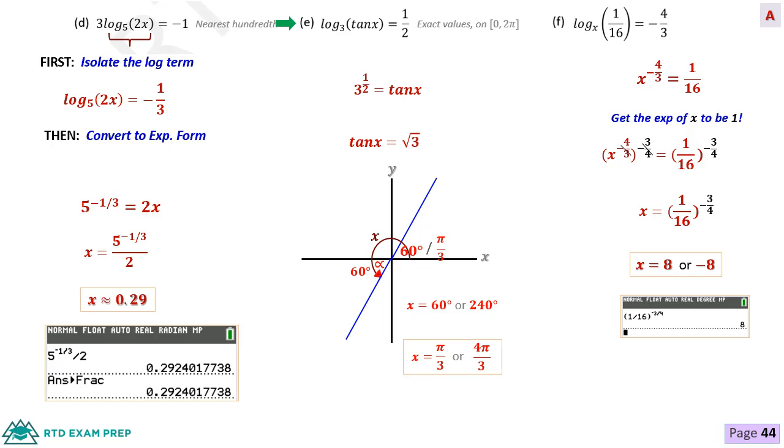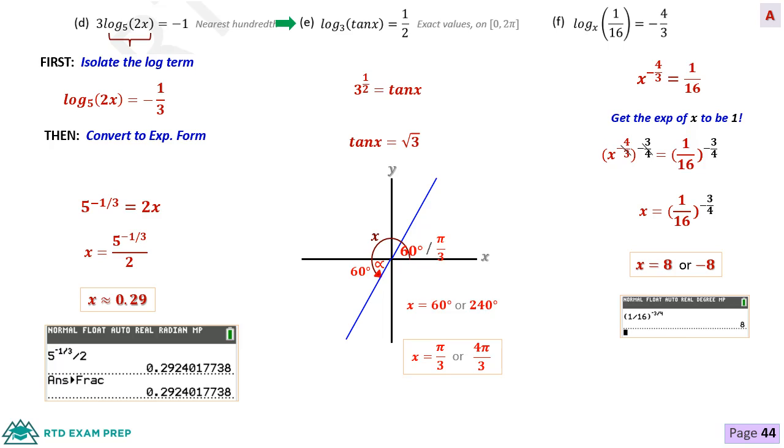Importantly, in Math 20 we learned that when we take an even indexed root, so a square root, or a 4th root, or a 6th root, or an 8th root, we must consider both the positive and negative root. So here, while our calculator will only spit out the answer of 8, we need to consider both 8 and negative 8.